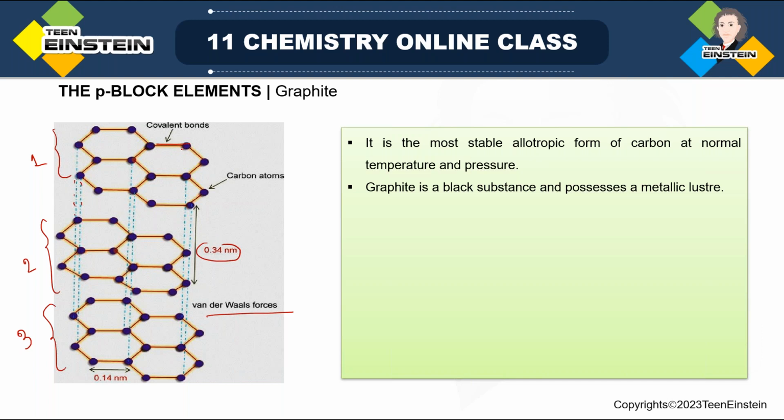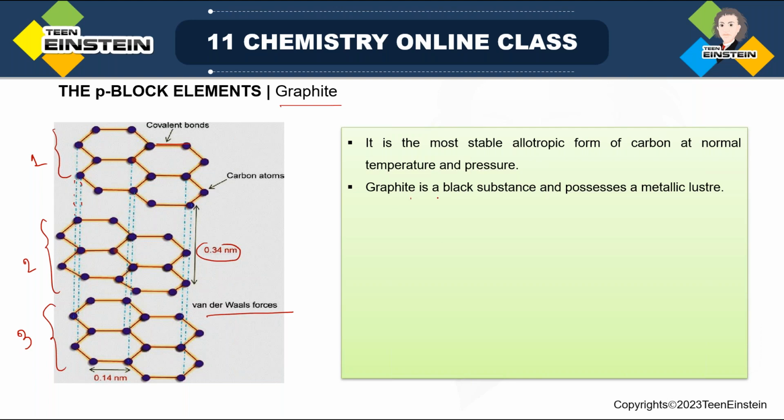Now we have seen the purest form of carbon is diamond. But if we talk about the most stable allotropic form of carbon at normal temperature and pressure, then you have to talk about graphite only, not the other allotropes. That is why in physical chemistry, in thermodynamics or the equilibrium chapter, whenever we write carbon in solid form, we always take the graphite form, because at normal temperature and pressure this is the most stable allotropic form.